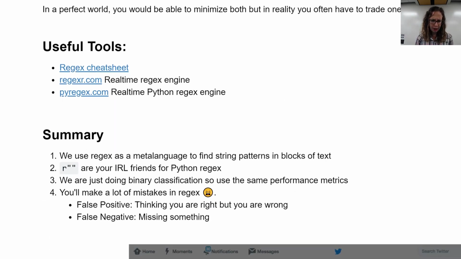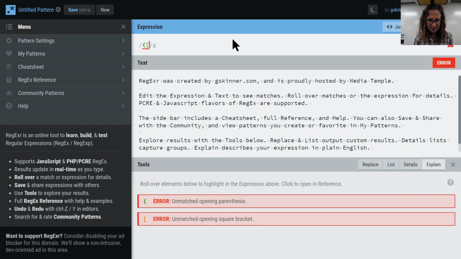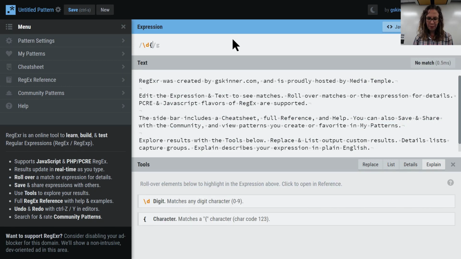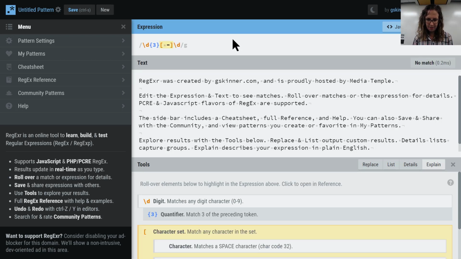Here are a few more useful websites. Regexr is kind of neat too. You can put in, so earlier when we were talking about the phone numbers, maybe we want to have either a space or a hyphen here, and then 4 digits.